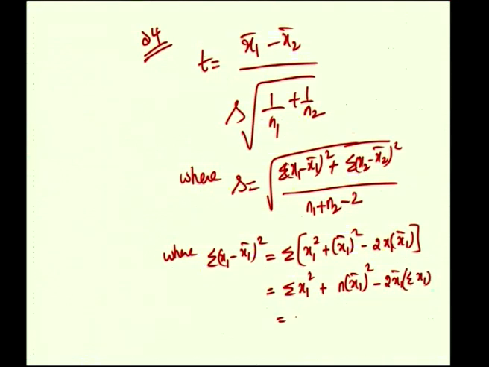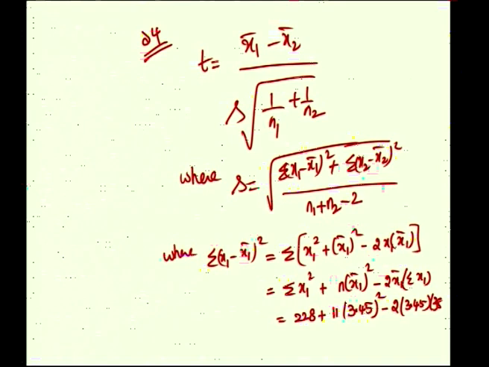So, summation x1 square is 228 plus n is 11 into x1 bar, which is 3.45, square, minus 2 into 3.45 into summation x1, which is 38.